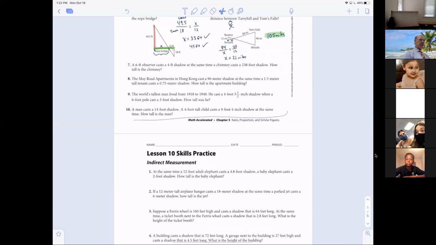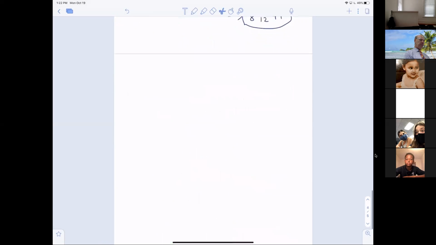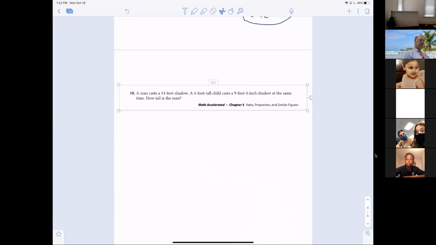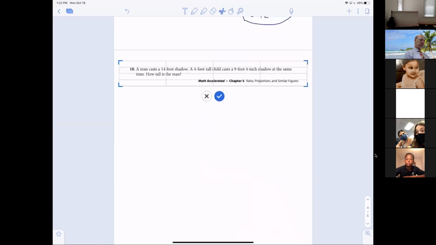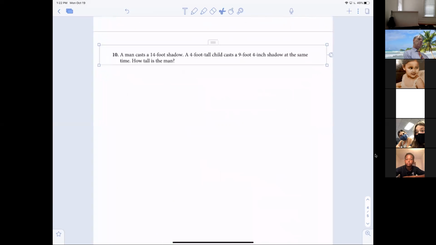I'm going to grab number 10 and let's see what we can do. All right, everybody set this one up. Now, again, keep in mind, I don't like the 4 inches here. So I'd like for you to convert that to a fractional part of a foot. And then when you think you have the answer, let me know.